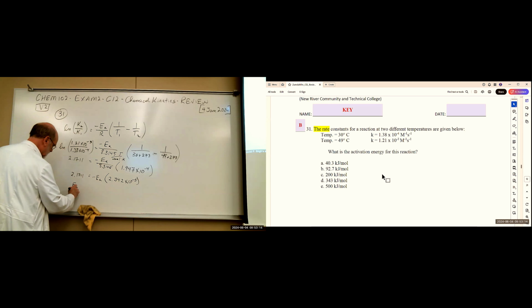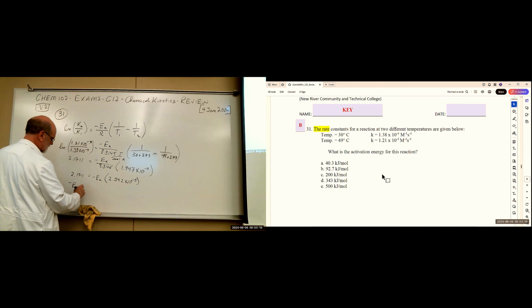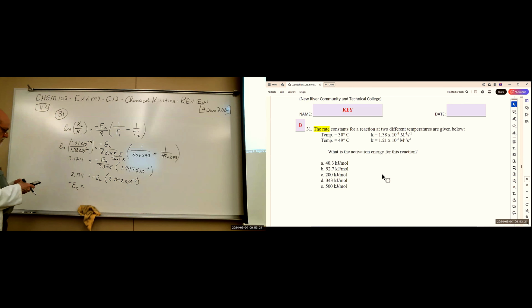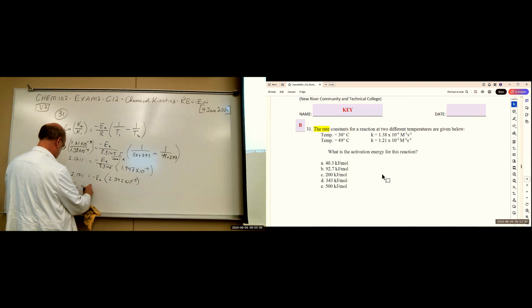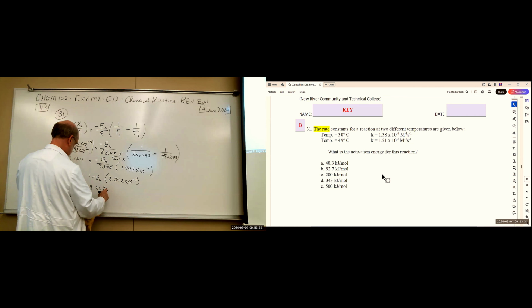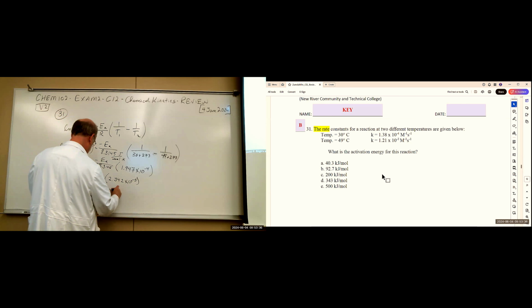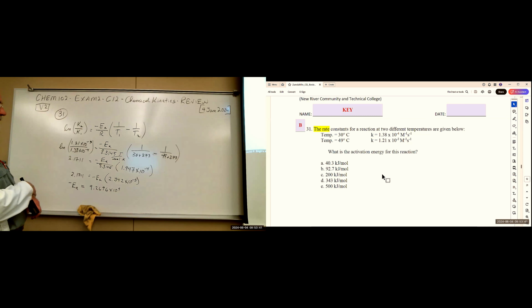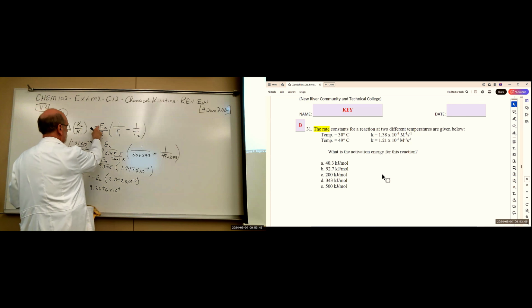So negative E sub A would be this one divided by that one, which would be 9.266. Okay, that must be an error.